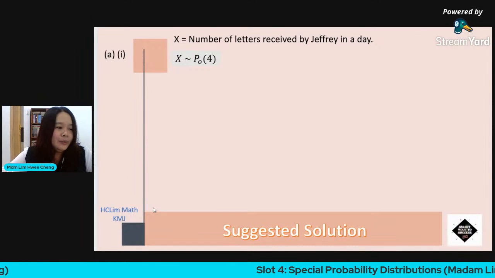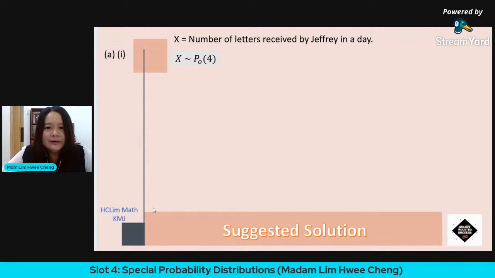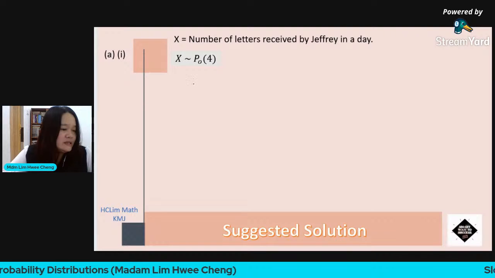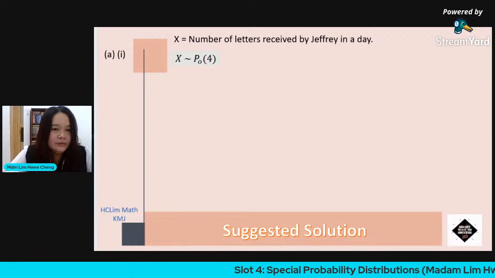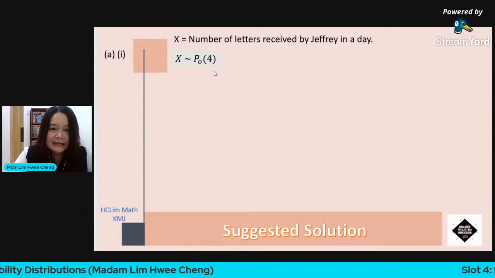Okay, we look at the A1 here. X is the number of letters received by Jeffrey in a day. Just now in the question state clearly X is Poisson with mean of 4. Okay, so Jeffrey will receive between 3 and 11 letters in a day.